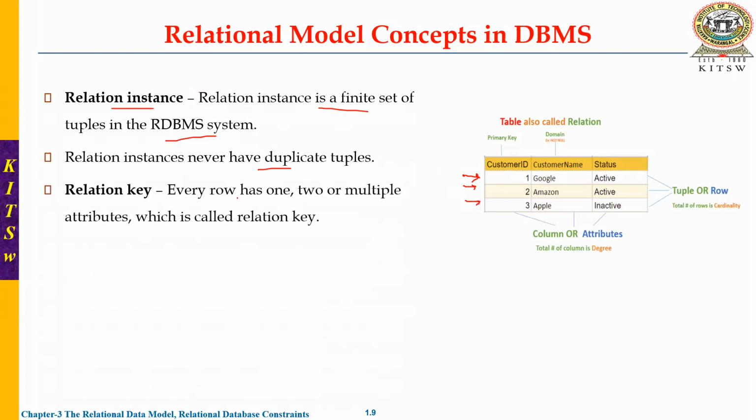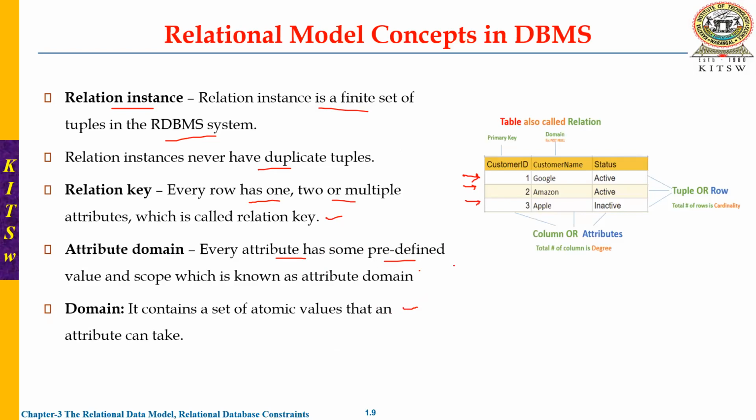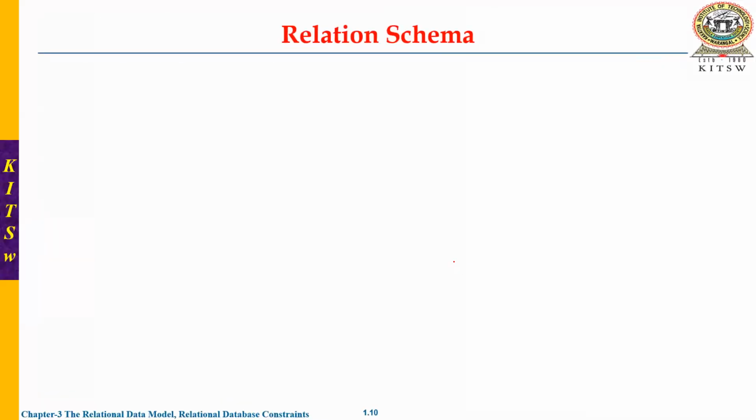Relation key: every row has one, two, or multiple attributes, which is called the relation key. Attribute domain: every attribute has some predefined value and scope, which is known as the attribute domain. The domain contains a set of atomic values that an attribute can take.